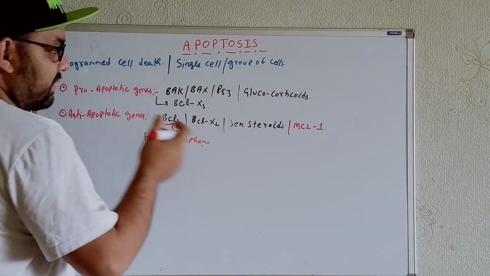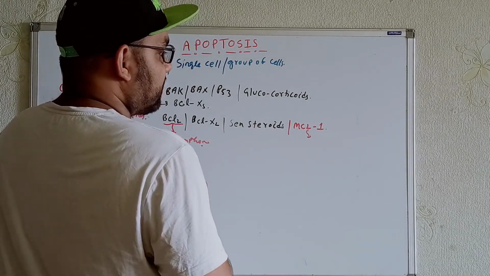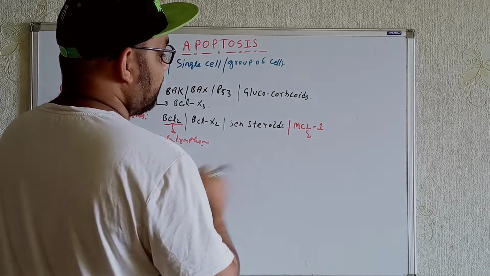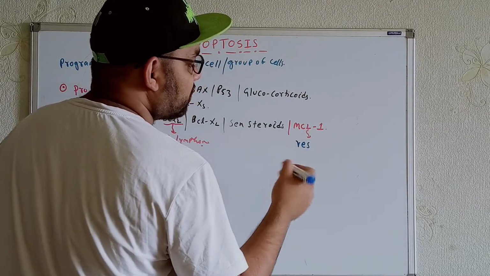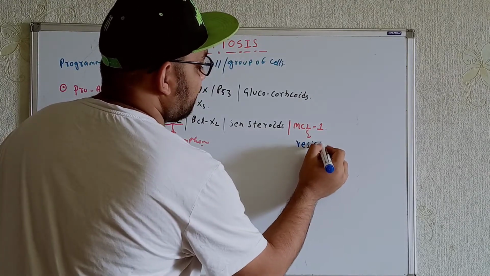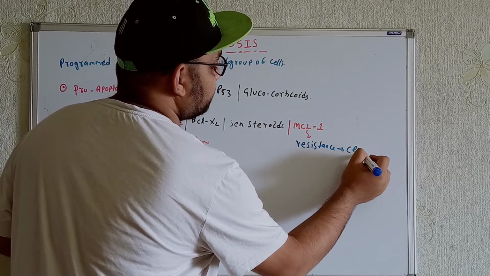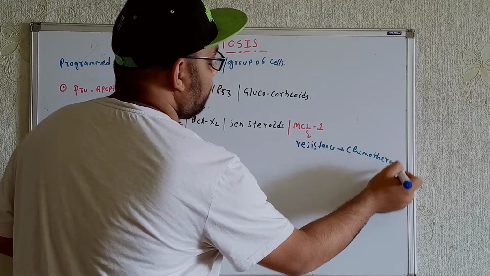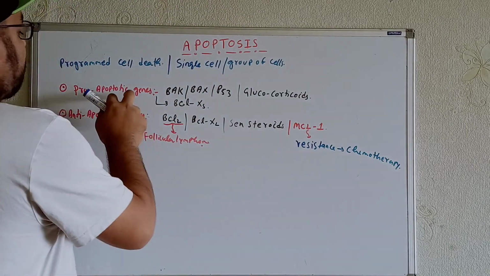And the MCL1 gene is most important because it acts as a resistance in case of chemotherapy, so chemotherapy-induced apoptosis is affected in these cases.